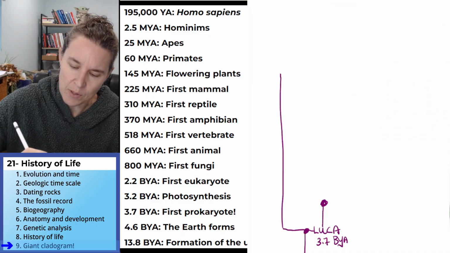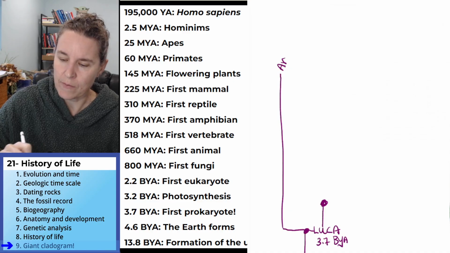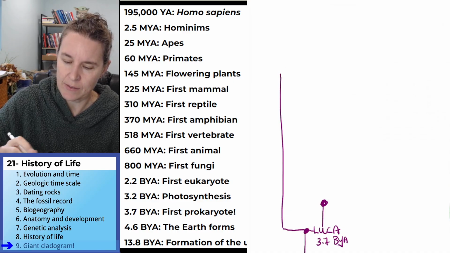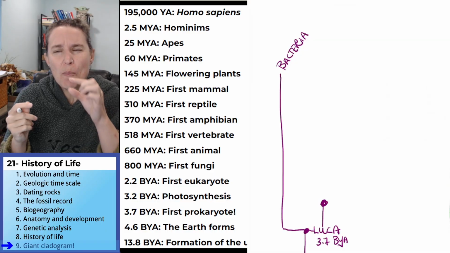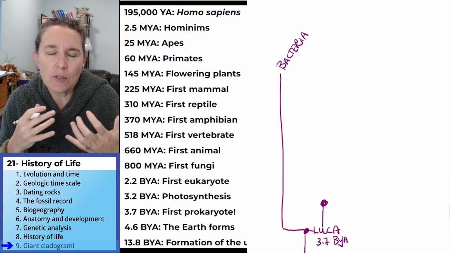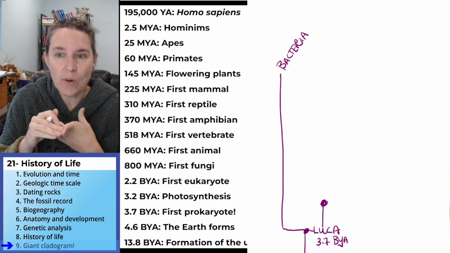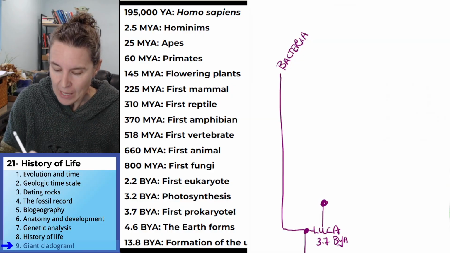One of them was the bacteria. And by understanding Luca, we understand a little bit about bacteria. We know they're prokaryotes, which means Luca was a prokaryote.